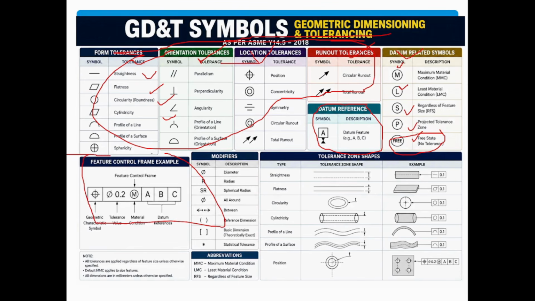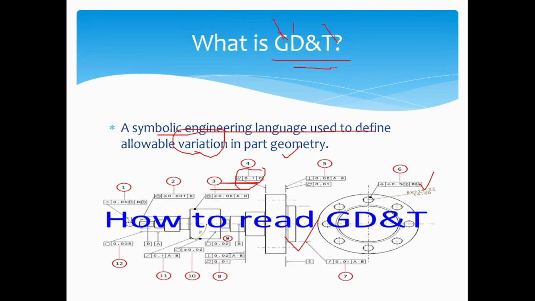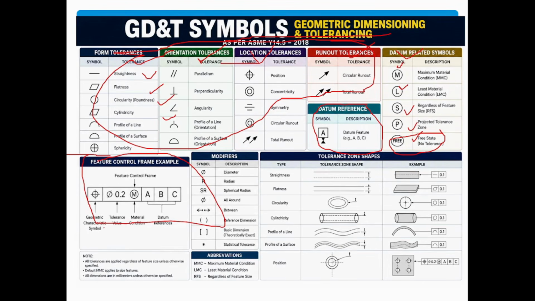Now, as the initial stage, I have shown you this, so now you will be able to read, as I promised, these GD&T symbols here. This is the geometric symbol that we have just discussed.